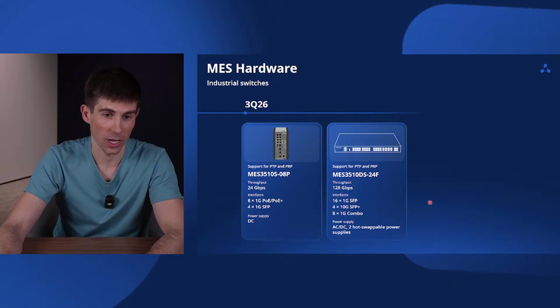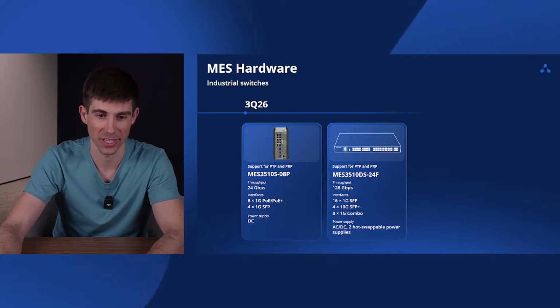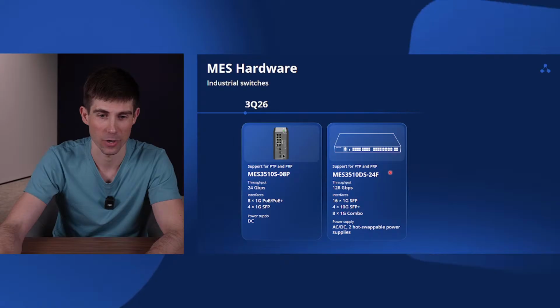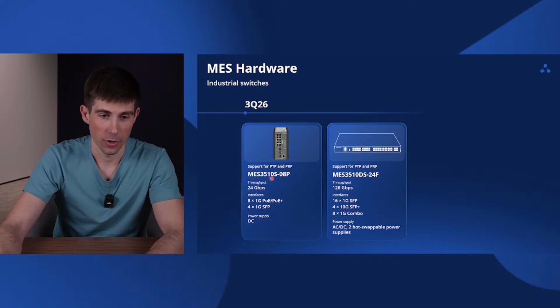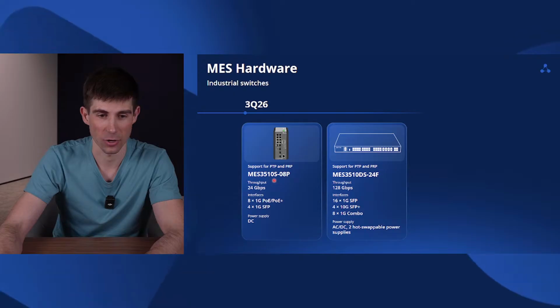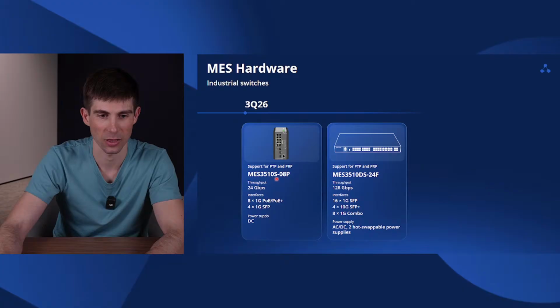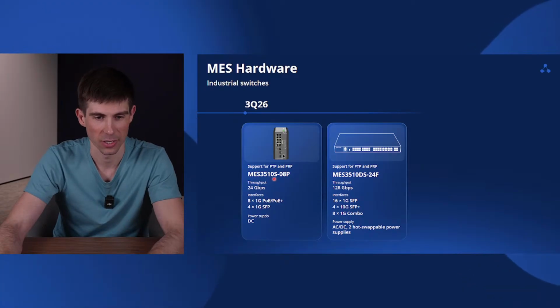And last but not least, what I already mentioned before, industrial switches, the 3510S series, the 08P for DIN rail mounting, and 24F for server rack mounting. They both support PTP, precision time protocol, and parallel redundancy protocol, and this is highlighted in the S letter, basically short for sync.